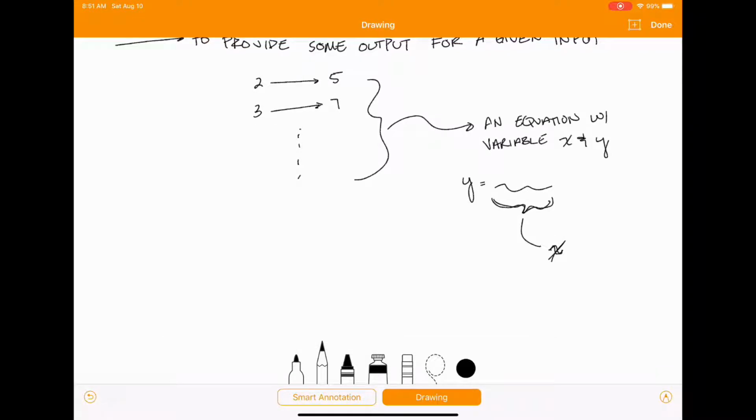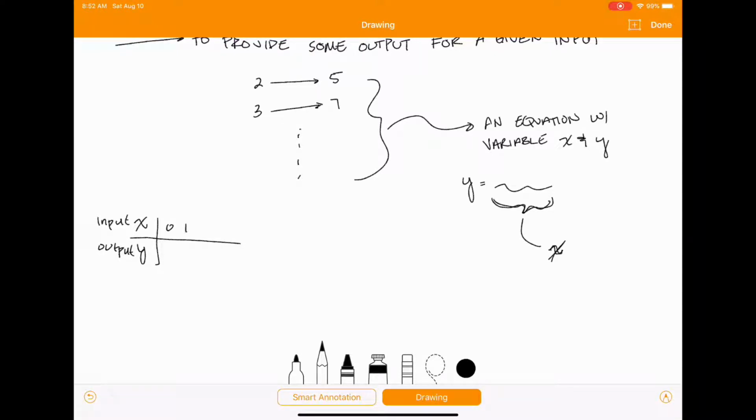So if you're given some inputs and outputs, your input is going to be x and your output is going to be y.